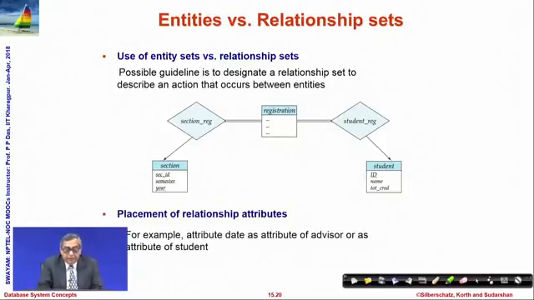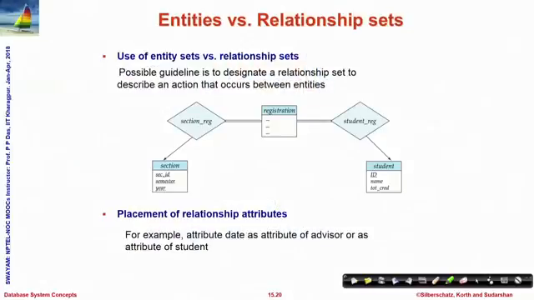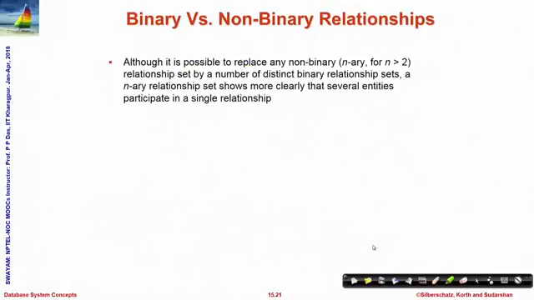We can have placement of relationship attributes also. The attribute date we talked about, as an attribute of advisor, designates when that particular instructor became advisor of a student, which is a common situation that we have already seen.